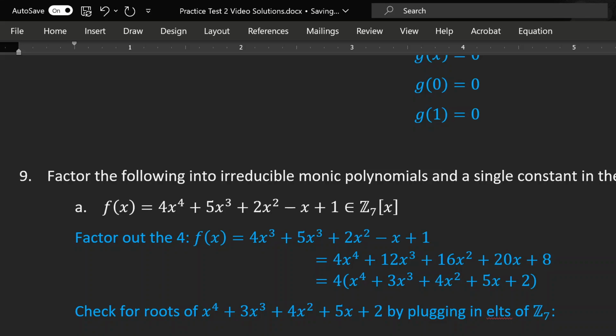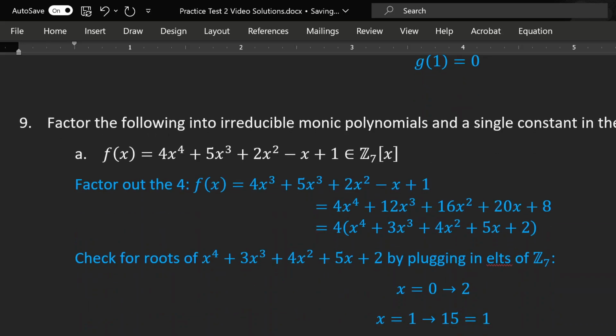Okay, and then the last one, when I plug in 6, that is the same as -1. Much easier to plug in. So -1 to the 4th is 1. Let's see, minus 3 plus 4 minus 5 plus 2. Okay, what does this come out to? Let's see, -1.